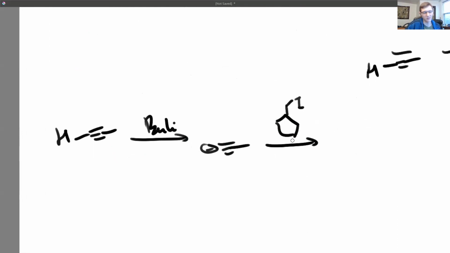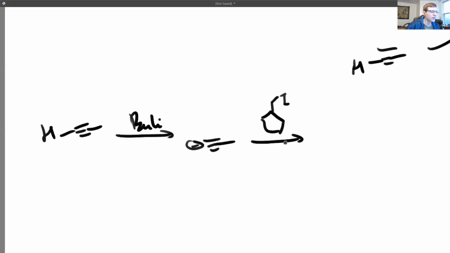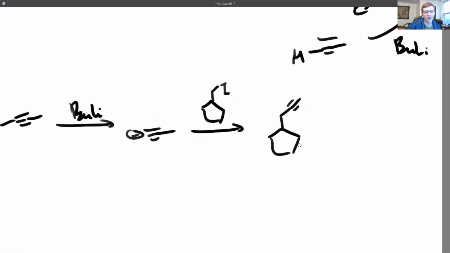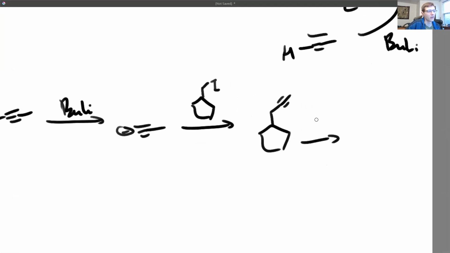Okay, we can add our SN2 reagent here. Okay, and then once we're there, we get this guy with a triple bond on it. Okay, H2 Lindlar.